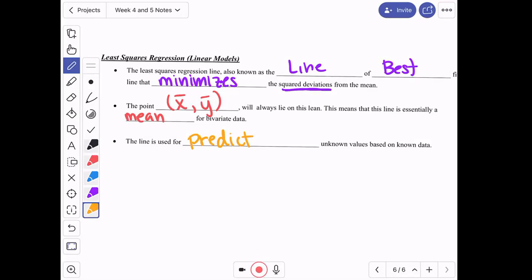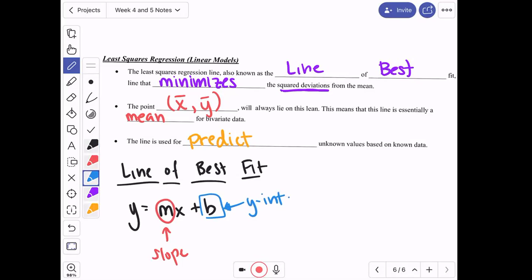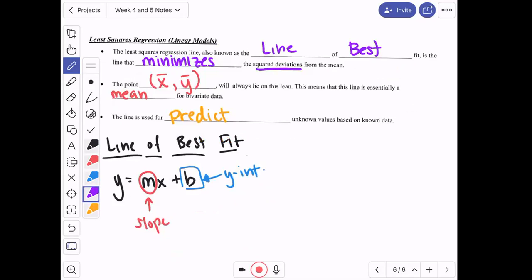Somebody said it earlier, the equation for a line, you know the line of best fit, is y is equal to mx plus b, where m is the slope and b is the y-intercept. In the least squares regression line, or LSRL. If you see me write that, that is LSRL.